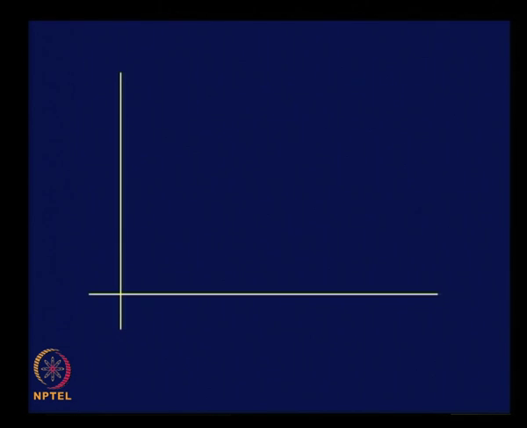Let us say we have the x and y values for a particular case, and this is the observed data. We have plotted the observations in the form of a scatter diagram. This is how initially we plot the observed data relating x and y. Our interest is to fit a straight line to represent all these points, or to represent the variation of y based on the value of x.